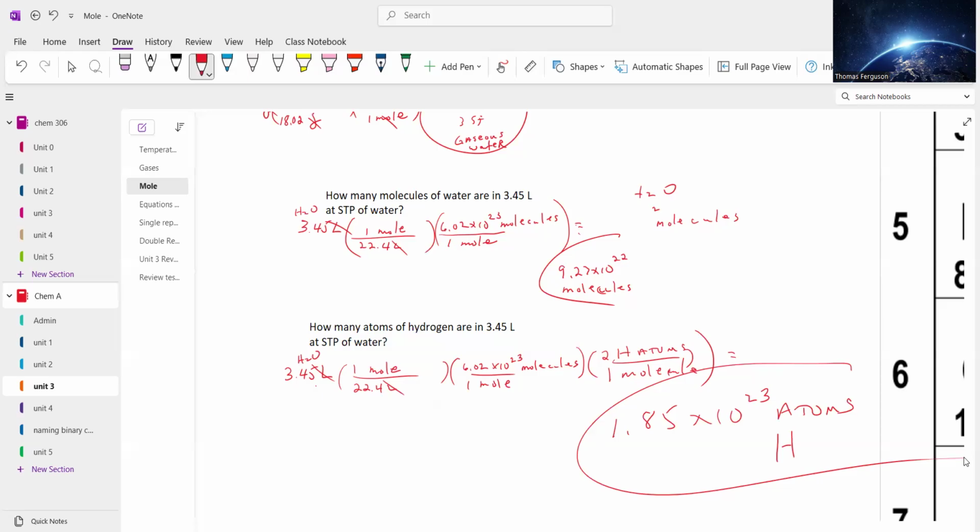If you multiply infinite times 3 sig figs, your answer is 3 sig figs. But that one's infinite just because it's exactly 2. And then 22.4 is approximately 3.